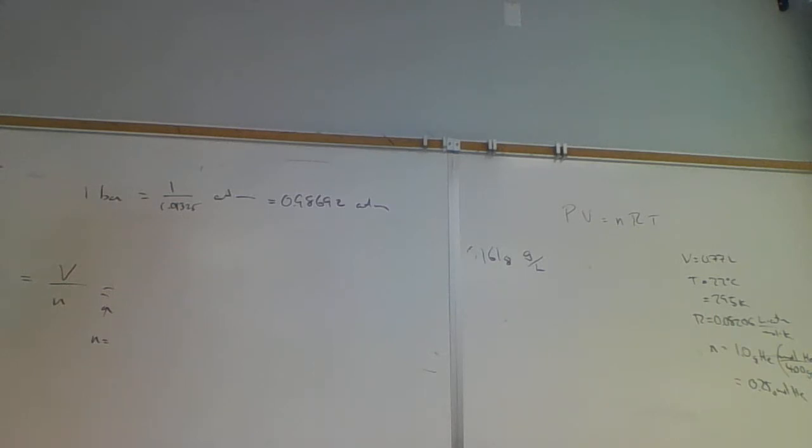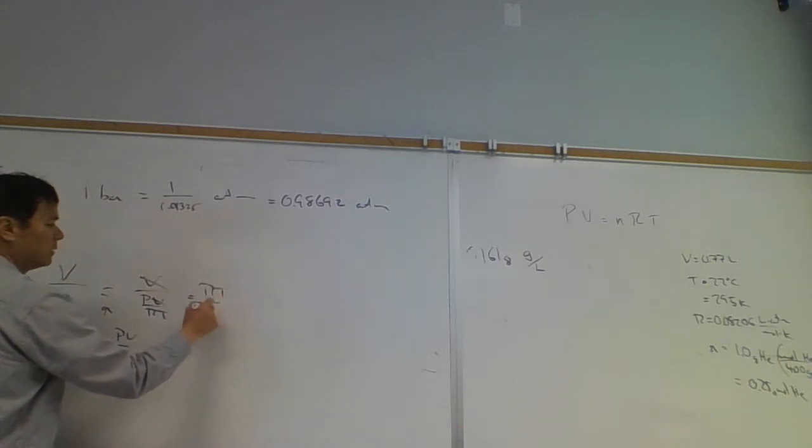If you look back at the molar mass, I substituted the denominator. If you look back at the molar volume, I substituted the denominator. So I'm just being consistent. And so N is equal to PV over RT. Plug that in. So we get V over PV over RT. Well, the V's cancel. Flip, invert, and multiply: RT over P.